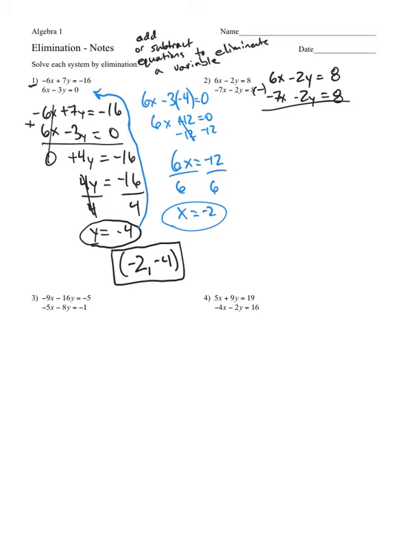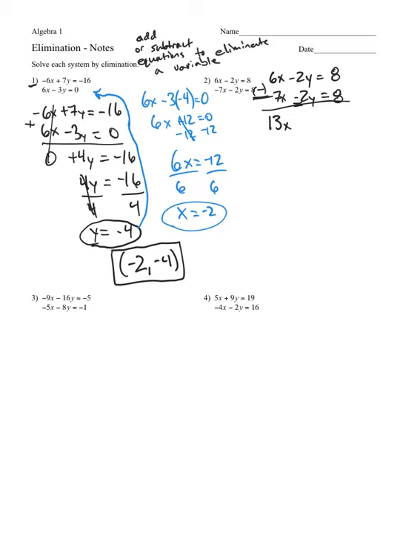So let's think here. We've got 6x minus negative 7x. So that'd be positive, double negatives make a plus, so positive 13x. Here you have negative 2y minus negative 2y. Again, the double negatives, that's really going to become a plus 2y.